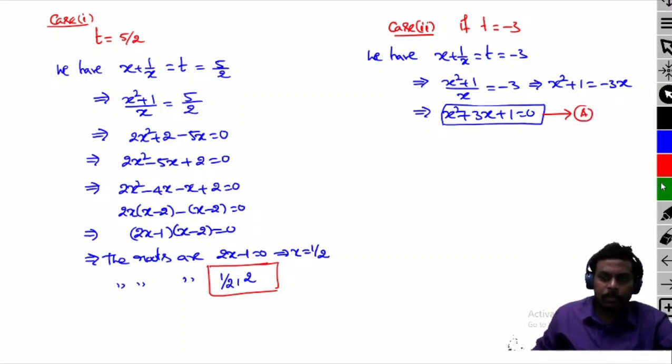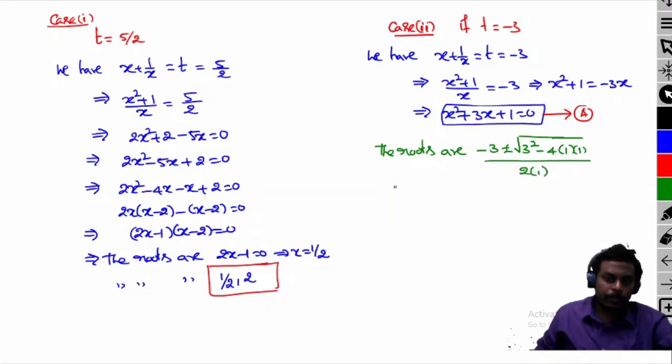Let us solve this equation. The roots are minus 3 plus or minus under root b square, that is 3 square, minus 4 into a into c, divided by 2 into 1.